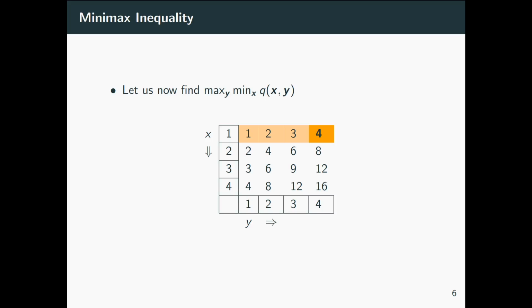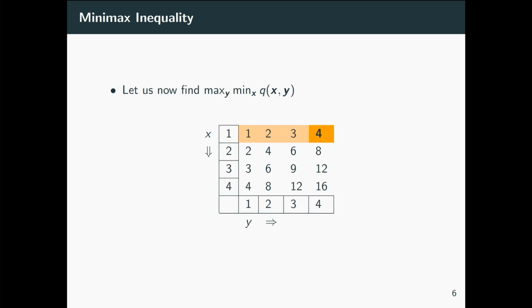Now let's find out, if you do min over x of the original function qxy, you'll get a function of y, and then you maximize that function over y and you'll get some values, right? So if you find the min over x, you'll get, for y equal to 1, 2, 3, 4, the values 1, 2, 3, 4.